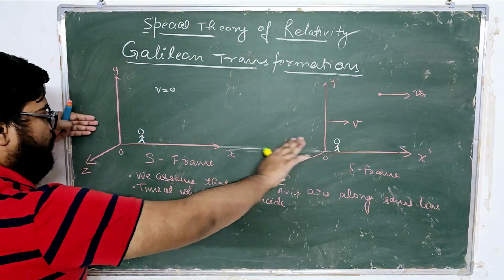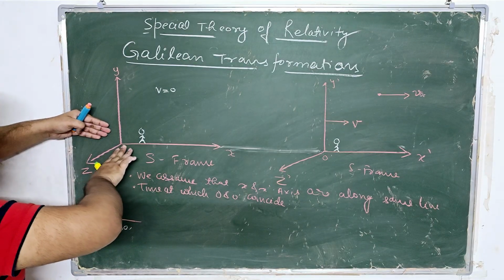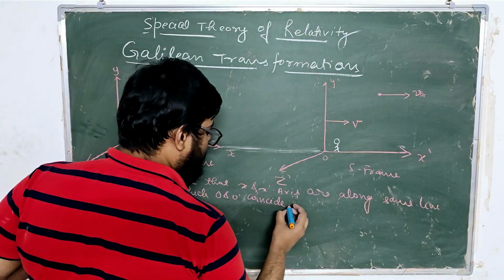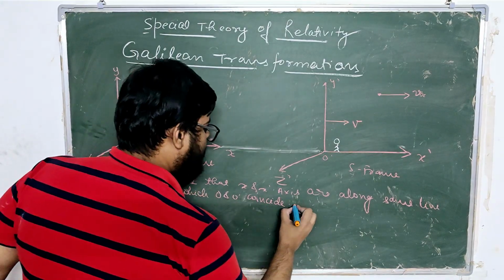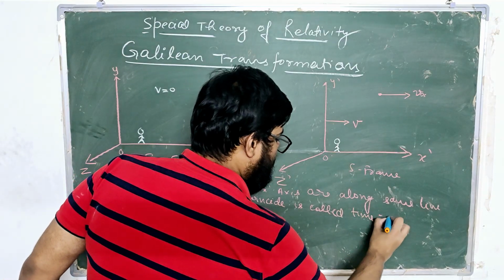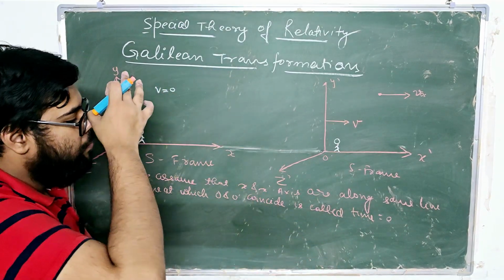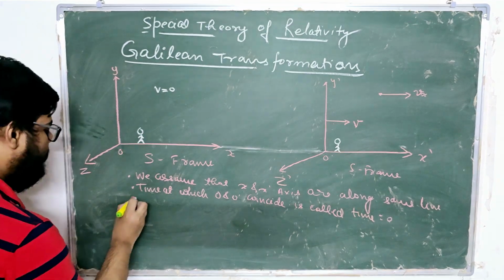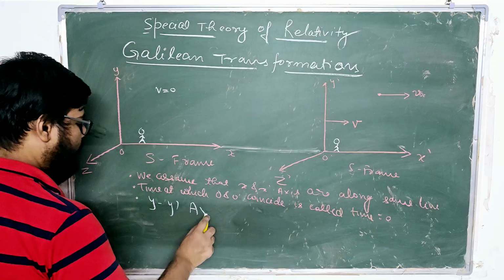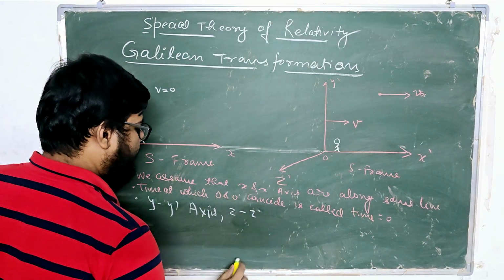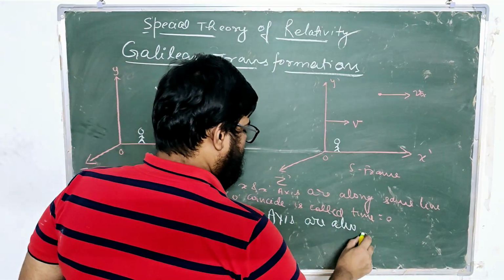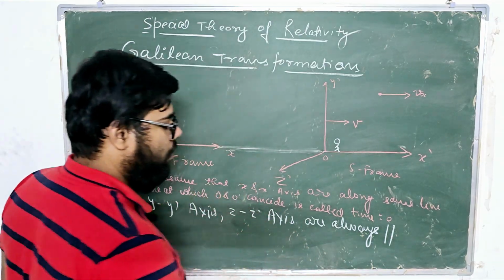There must have been a time when they both would have coincided over here, right? We say that time is equal to 0. That is the starting point. And the y and y dash axes and z and z dash axes are always parallel.